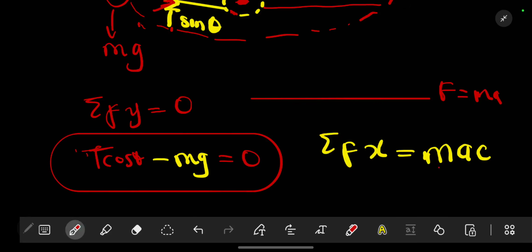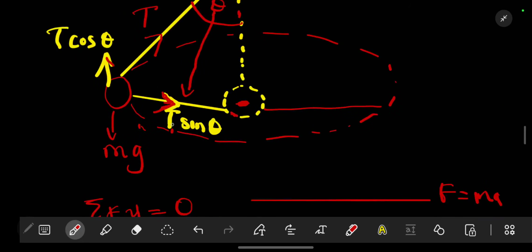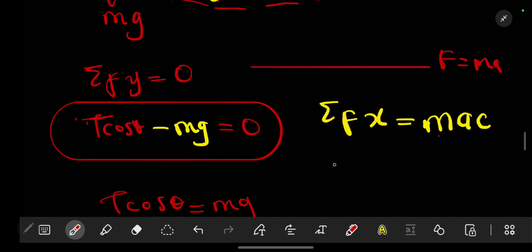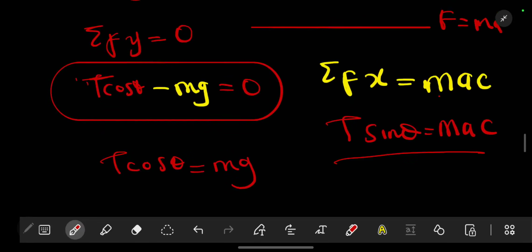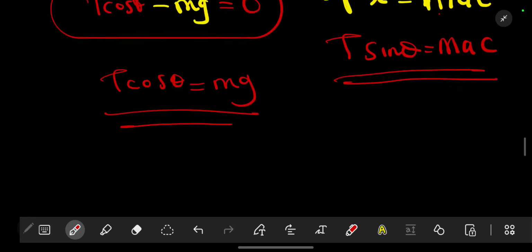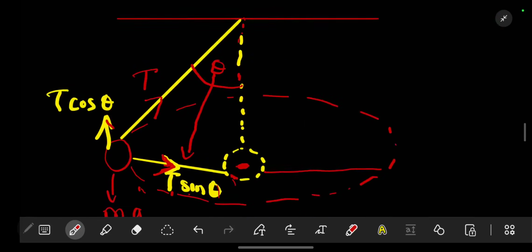The only force that acts at this point, producing the centripetal force, is T sine theta. So we are going to say T sine theta should be equal to m a_c, like that. So these equations will be very, very important and very cardinal. We haven't solved any question, but we are just deriving some formulas that are useful.